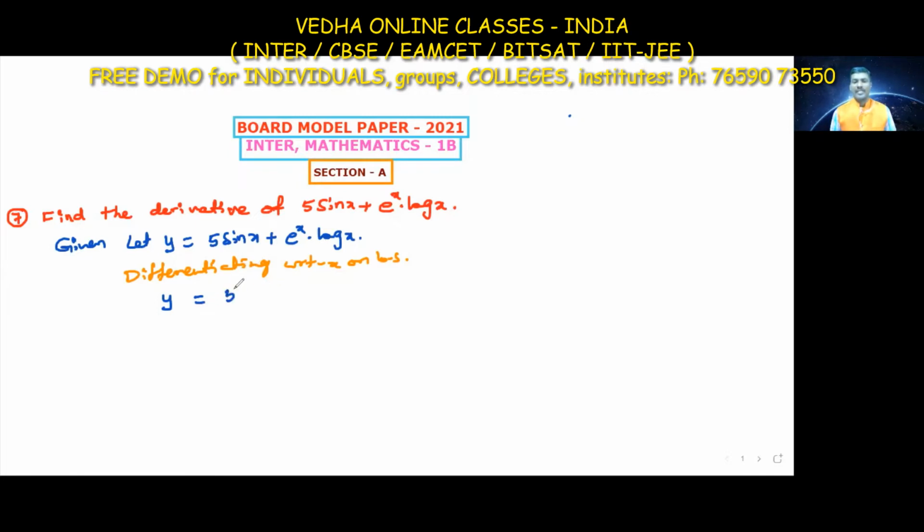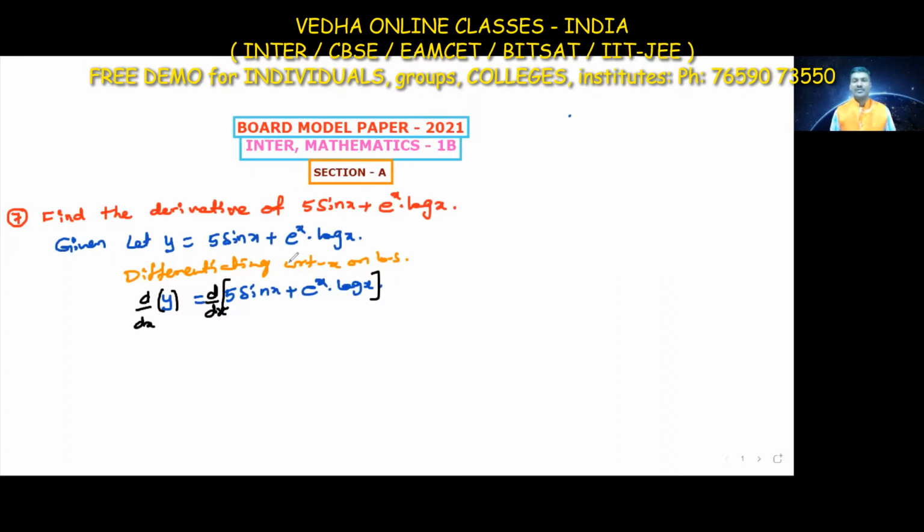I just wrote it as it is. Differentiating with respect to x means very simple: writing the d by dx on the left side and the d by dx on the right side. That's it. Differentiating means we write d by dx, with dx in the denominator.